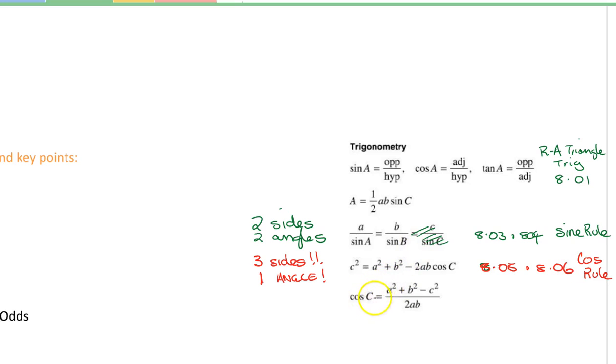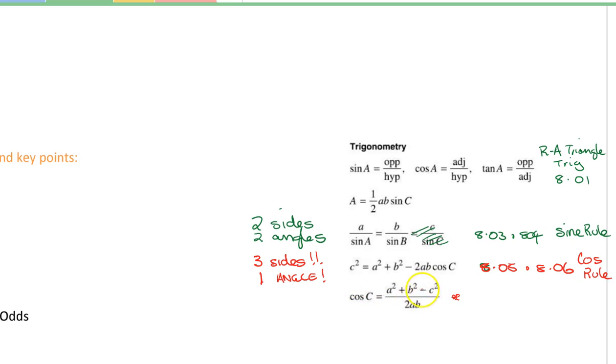Now, this is just the cos rule here, having been written with cos C as the subject. So it's like make cos C the subject. The c went across, became a minus. The 2ab cos C was here originally, had a 2ab in front of it. Then divide both sides by 2ab, and you get cos C by itself.